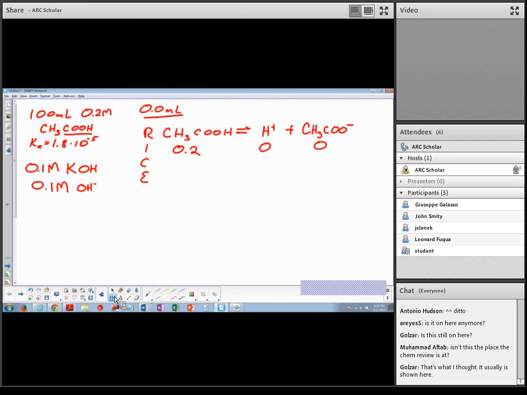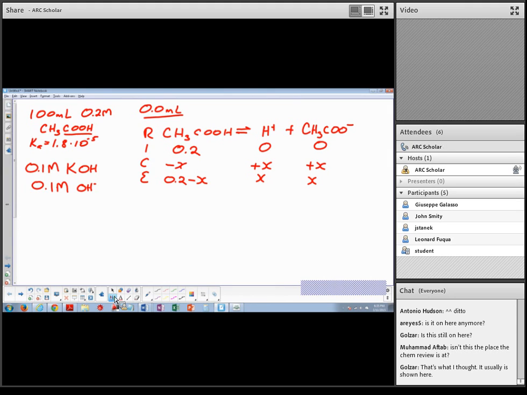What about my change? That's what we're looking for, right? It's going to be minus x. Over here, we're forming it, so plus x, plus x. Those are going to be x, x, and 0.2 minus x. So those are my equilibrium concentrations.